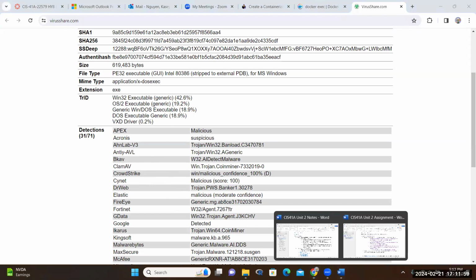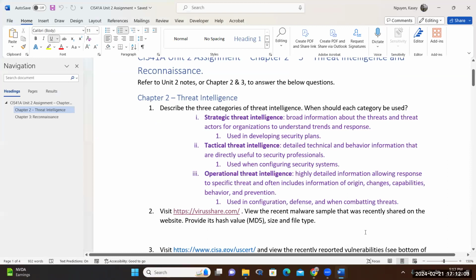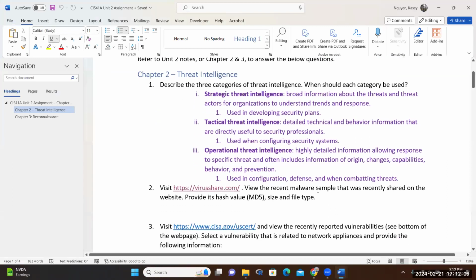Okay. So for the question, it tells you to visit the site and view the malware sample that's recently shared. What are its MD5 hash, size, and file type? So when you look into a threat, you have to write down its specific information, right?